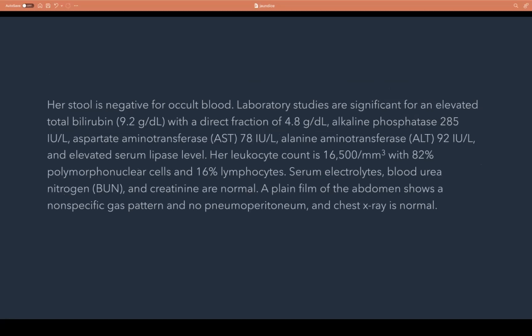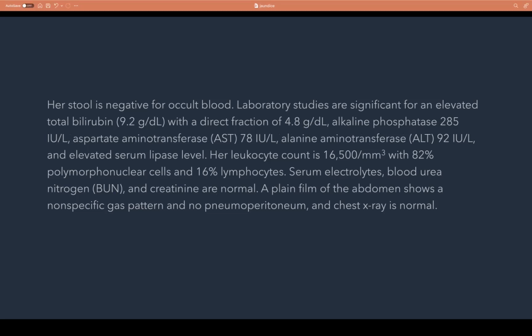We send off a test for occult blood and it's negative. Lab studies: total bilirubin seems to be elevated, with alkaline phosphatase, AST and ALT all elevated. Serum lipase is elevated as well. So that's our key giveaway.